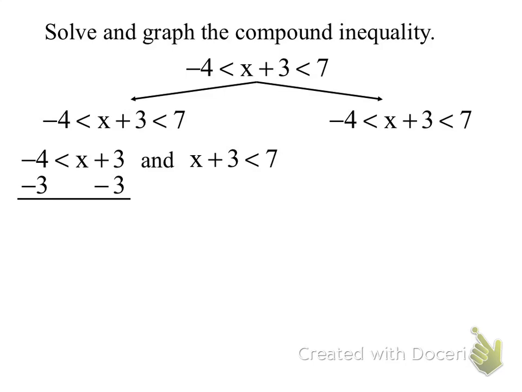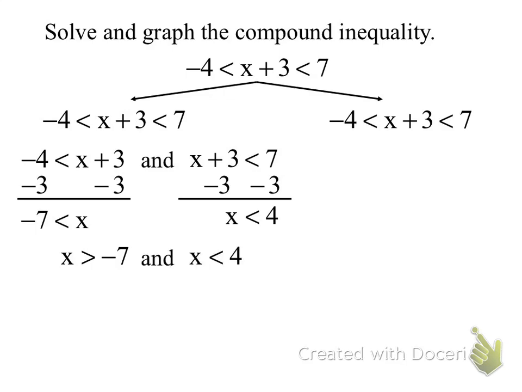So I'm going to use the subtraction property of equality and subtract 3 from both sides of the equation. I end up with x is greater than -7. And I do the same thing here, subtraction property of equality, x is less than 4. I can write it as an in-between statement, or I can just go ahead and graph it.